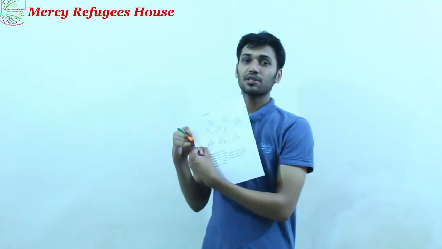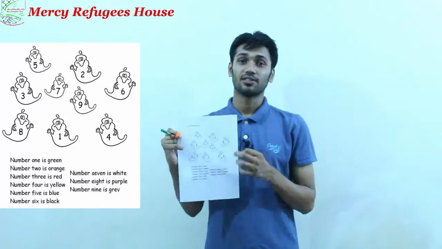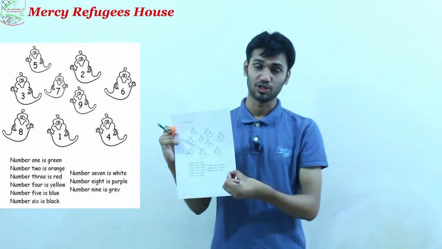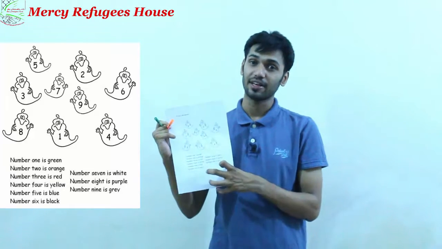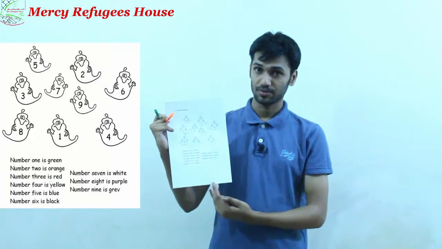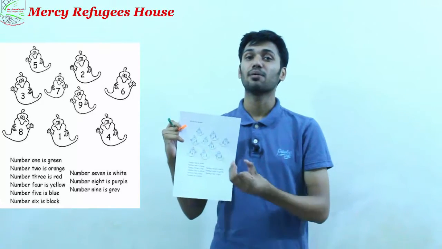The next one, you can see there are ghosts, and in these ghosts there are some numbers given for the students, and also some instructions are given beneath these ghosts. What you can see, the first one, number 1, it's saying number 1 is green.